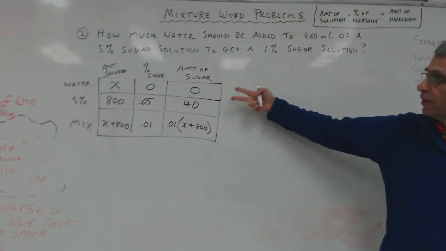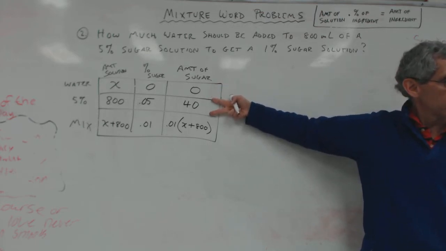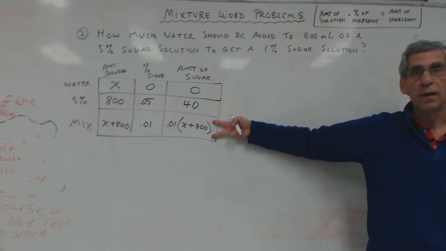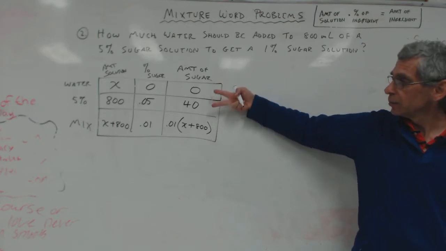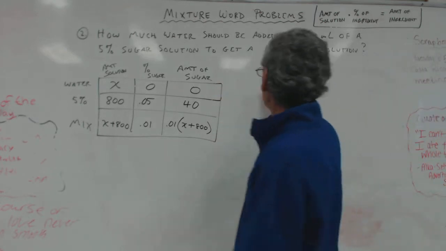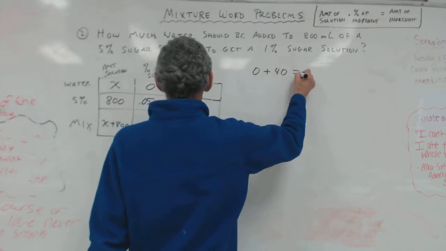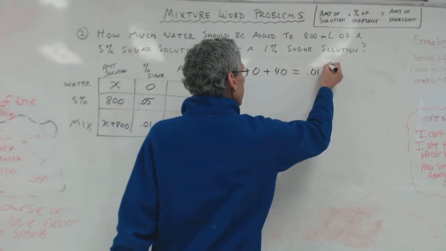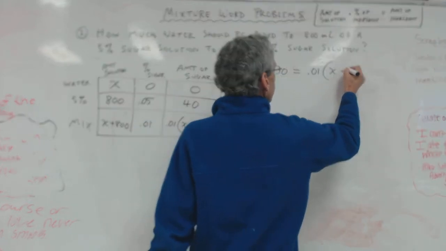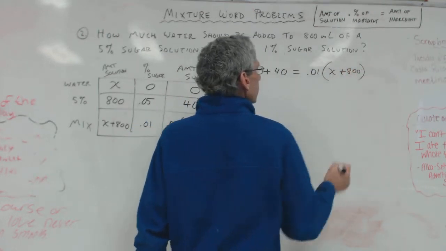So now I have this plus this equals this. Pretty straightforward. So suddenly I have 0 plus 40 equals 0.01 times x plus 800.